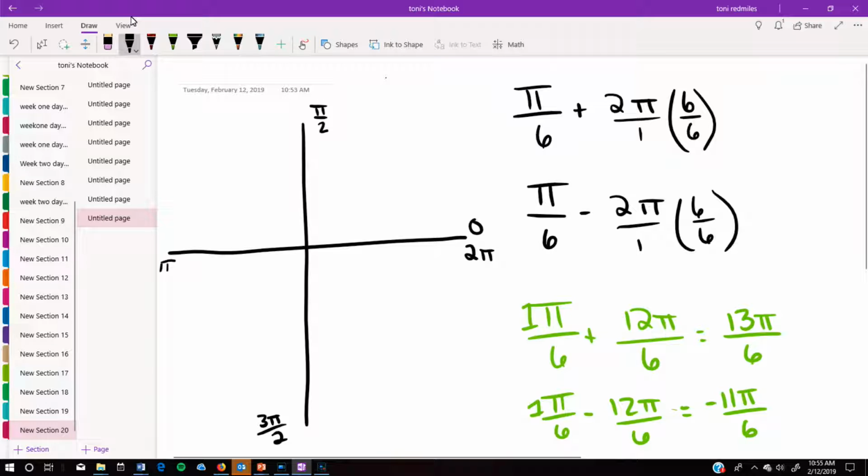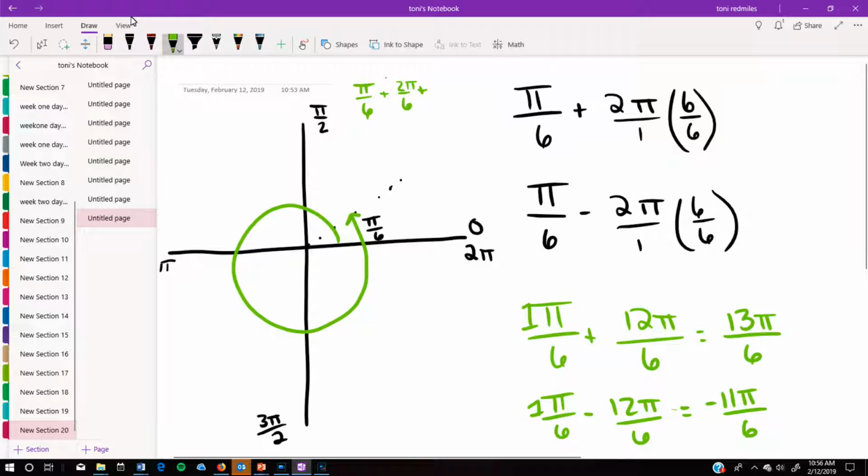Okay, so if I was going to do 1/6 of a pi, that's a lot less than 1/2. Same thing that I have been doing, initial to terminal in the positive direction. So that's a positive pi over 6 with what's remaining in this circle, which would be, let's see, 3/6, 1/6, 2/6 of pi.